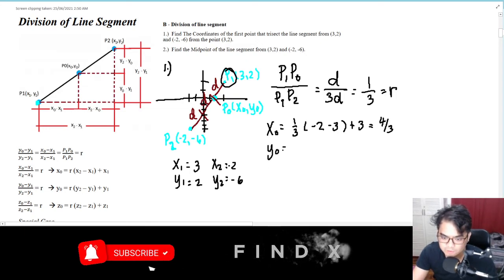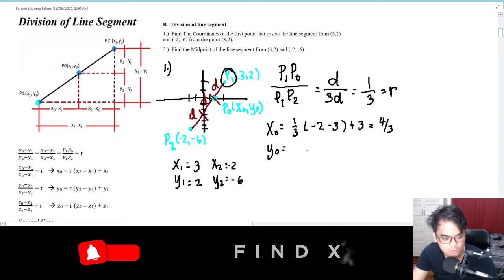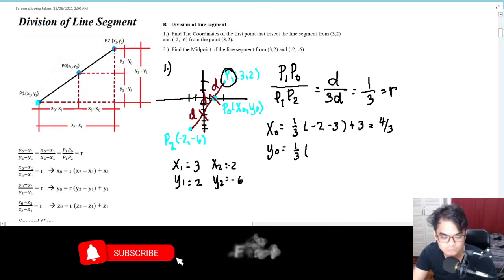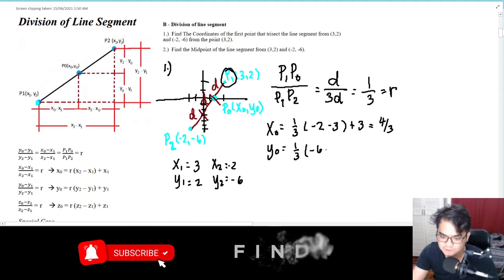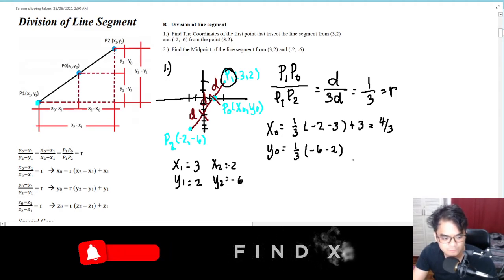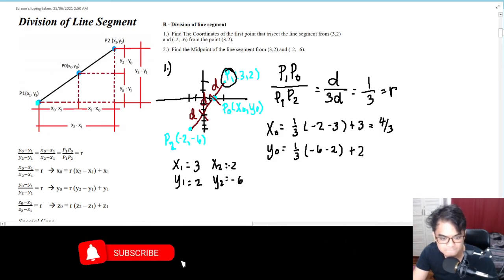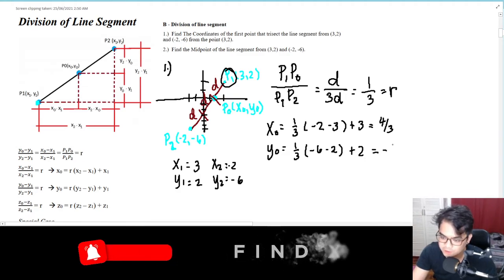And then y0 is equal to 1/3 again, times (y2 - y1), so -6 minus 2, plus 2. Is that right? And this will be equal to -2/3.